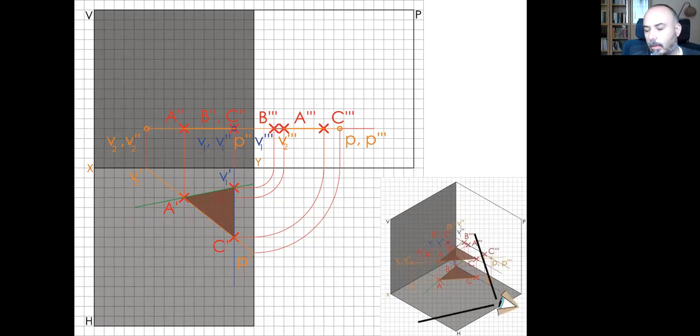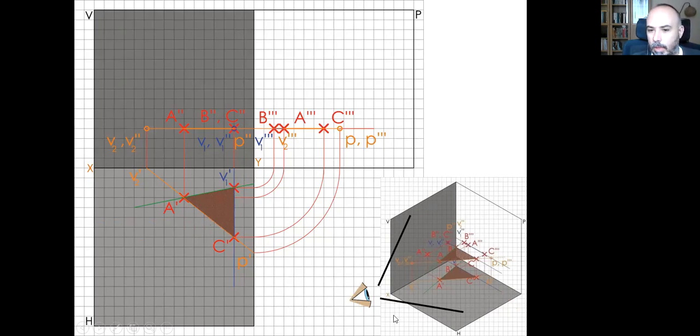However, when we look at the system in this direction, we cannot recognize the plane because we can just see its edge here. It is this line here connecting A double prime, C double prime. We can just see the plane as a line, and same with the left view.